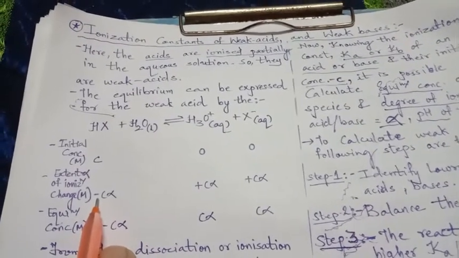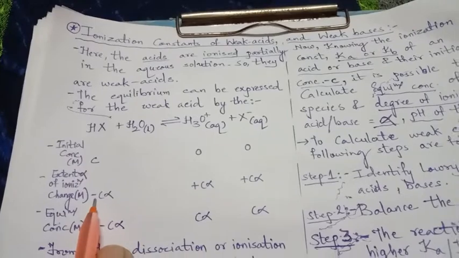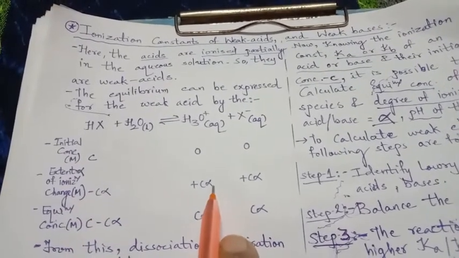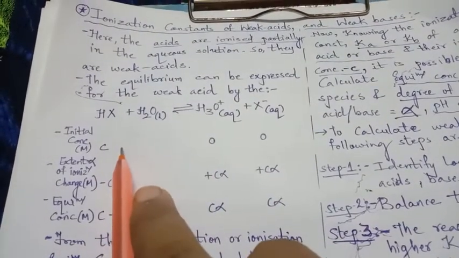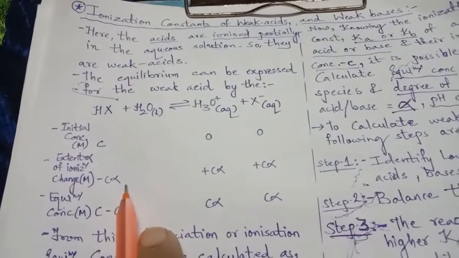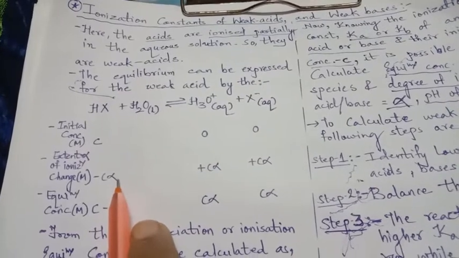Whatever is consumed from the reactant is going to yield as a product, so it will be plus C alpha. This is the initial, and this is during the reaction, that is the change in the concentration, the extent of the concentration.